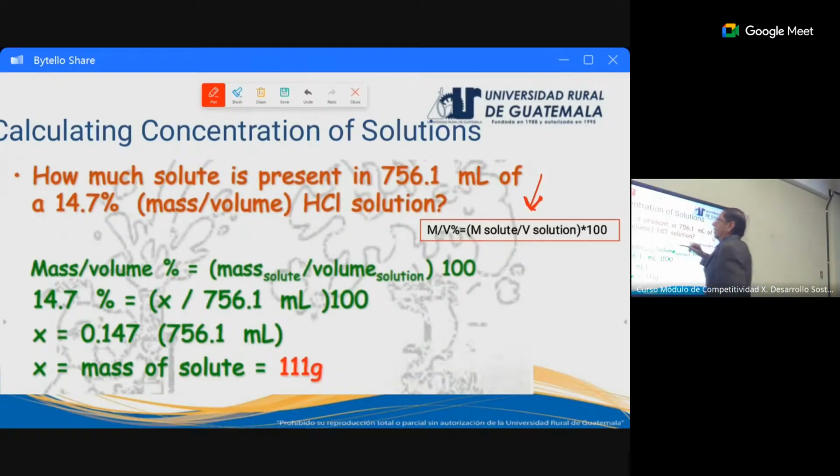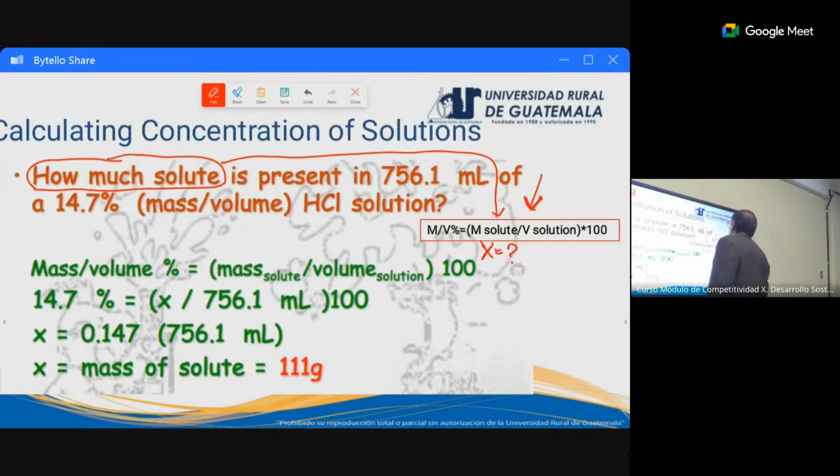How much solute refers to this one here. This will be our unknown quantity, the mass of solute.